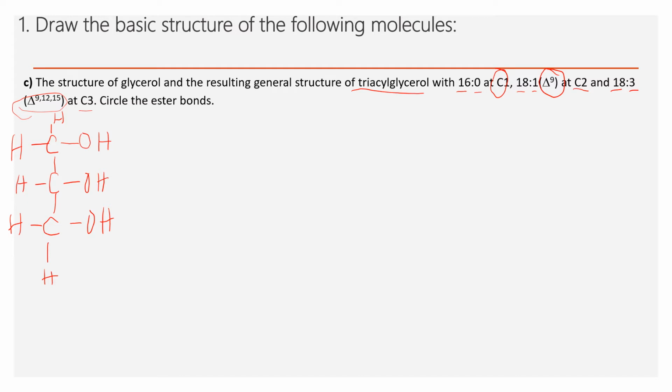All of this information, like carbon 1, and whatever's going on at carbon 2 and carbon 3, is actually talking about glycerol's carbons. So this would be carbon 1, 2, and 3. They're describing each of the tails. Let's draw that.